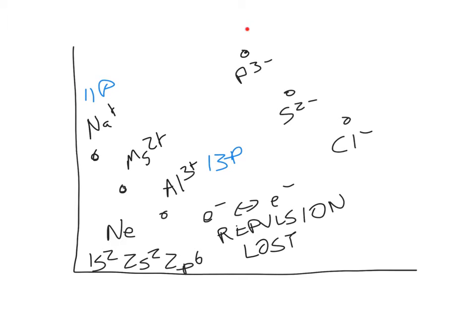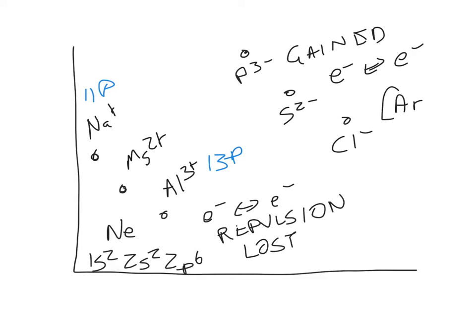We can flip the script for our anions getting smaller. Phosphorus has gained the most electron repulsion because it has gained 3 electrons, whereas chlorine has gained only 1, because we're not making even comparisons here, apples to apples. We're just comparing the most common ion, which for phosphorus is gaining 3 electrons. Similarly, we can think about what they're isoelectronic with.